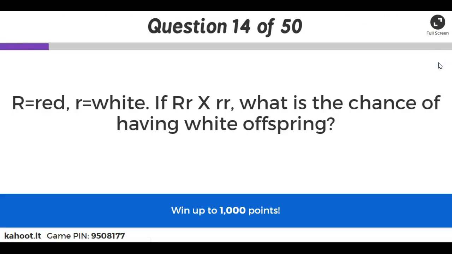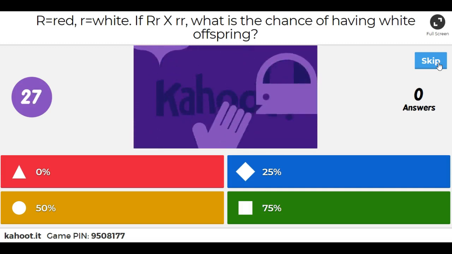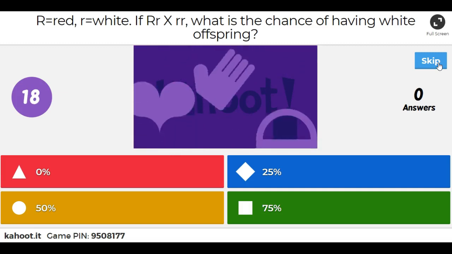All right, question 14. If the uppercase R leads to red and the lowercase r leads to white, and you're given a cross, what is the chance of these individuals having a white colored offspring?